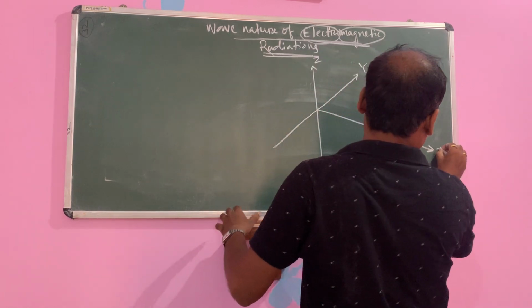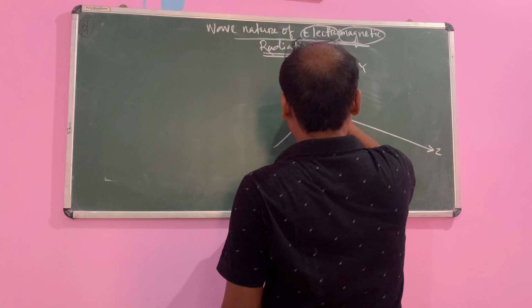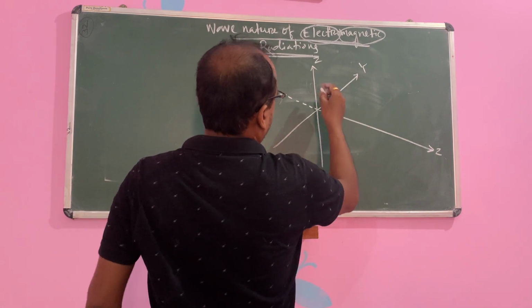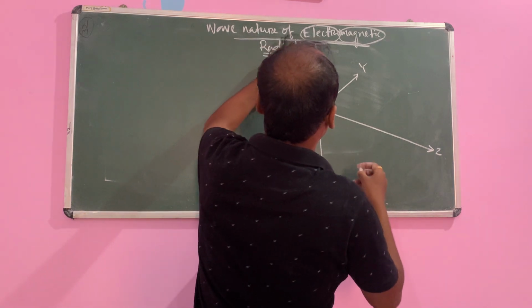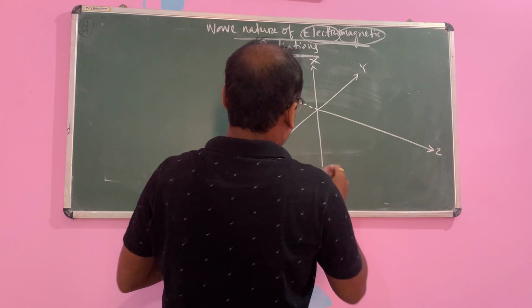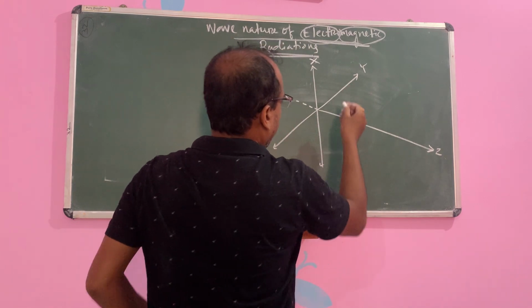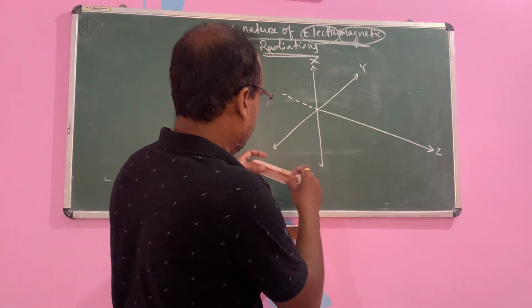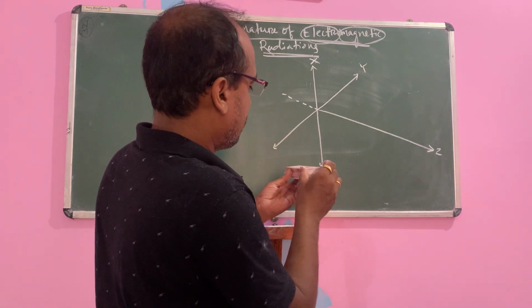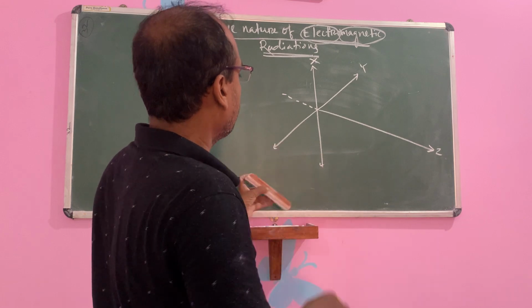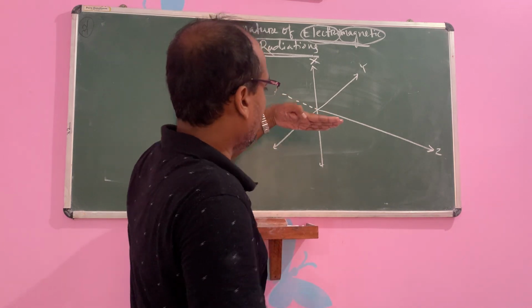Any axis, x, y, z. Then this is one plane. This is the wave propagation, and these are the three directions.